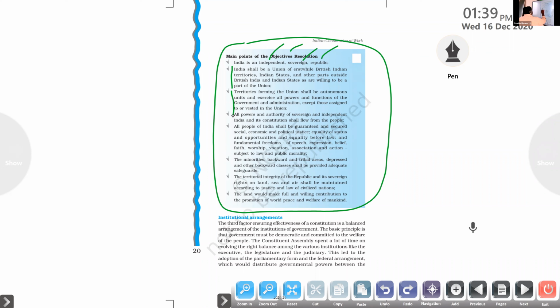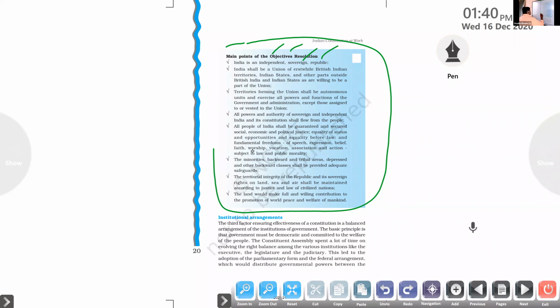Some powers are with the central government, which will be exercised by the central government only. At the same time, the new states or union territories can function as a different government, with all powers with them.